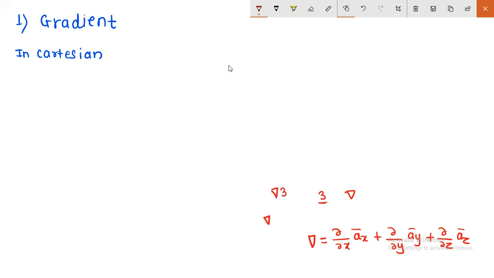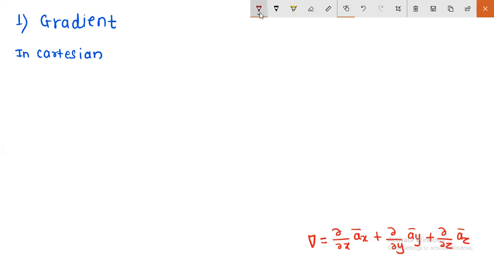Is there any dot product or cross product? No, nothing is there. When you take the product of vectors, that time you use the dot product and cross product, but here you only do scalar multiplication.